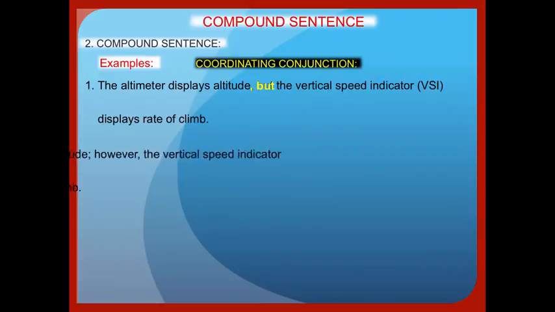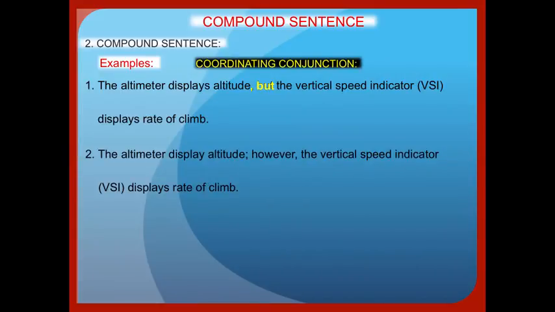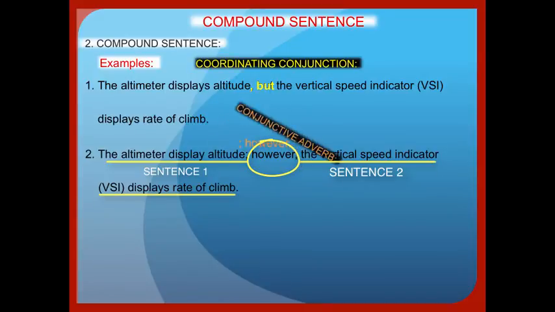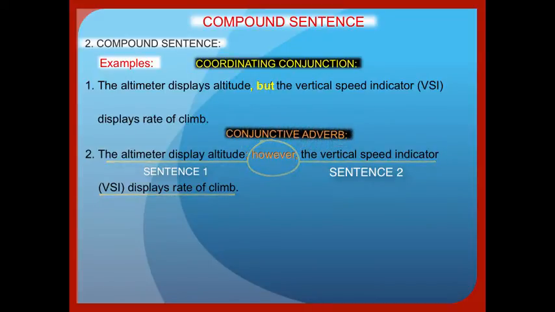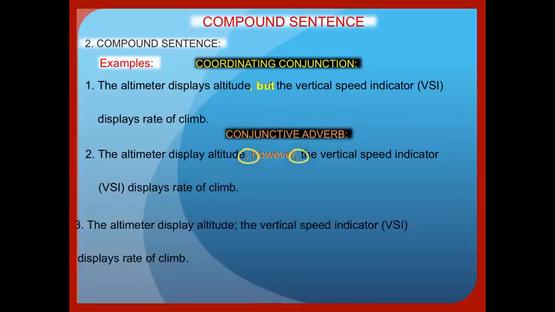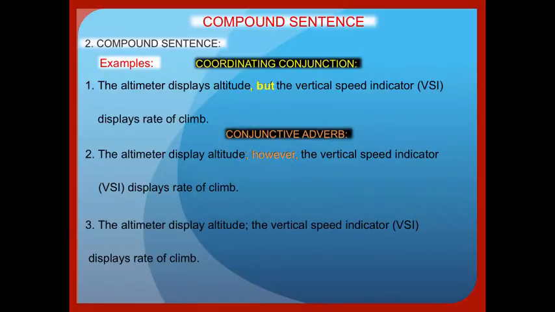The second example connects two sentences with the conjunctive adverb however, and the sentence utilizes the correct punctuation, a semicolon before however, and a comma after. The third example connects two sentences with a semicolon, but both sentences are closely related.